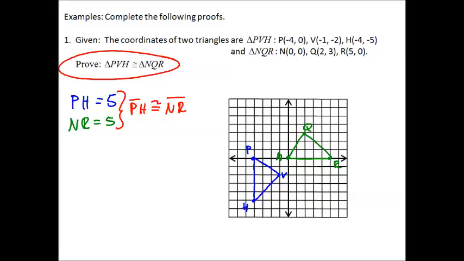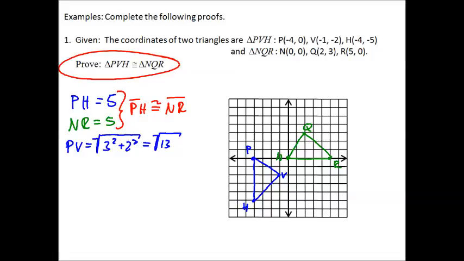Let's move on to our next side. For PV, we can't just go count. We have to use the distance formula or the Pythagorean theorem, since we have the 2 points in the coordinate plane. The side PV always forms the hypotenuse of a right triangle, and the other 2 sides have the length of 2 and 3. So PV is equal to the square root of 3 squared plus 2 squared. In other words, the square root of 9 plus 4, which is 13.